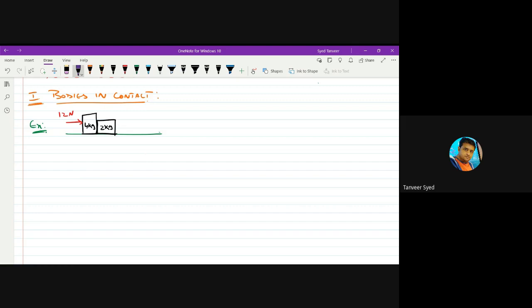These two bodies start to move. How do they move, with constant velocity or with acceleration? With acceleration, because wherever there is force, there will be acceleration, F is equal to ma. Now the question is, find the acceleration of each block.